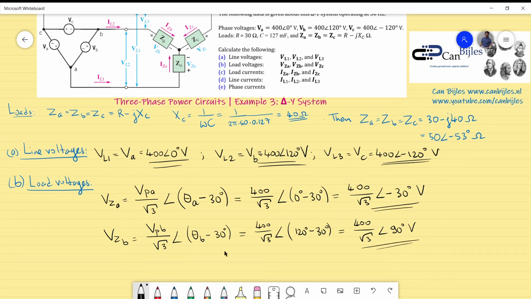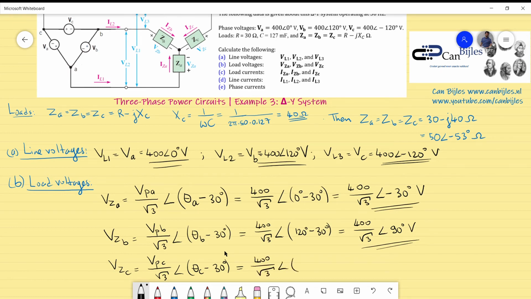Now the last one, which is the VZ of C, which is the phase voltage of voltage C divided by the square root of 3, and the phase is the theta of C, which is the phase orientation of the voltage V of C, minus again the constant, the 30 degrees, and then you will have the amplitude, which is 400 again for V of C divided by the square root of 3.